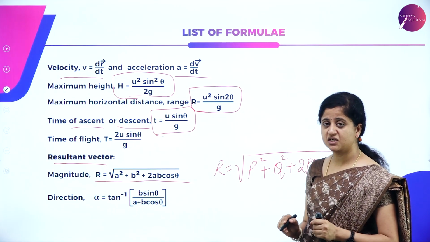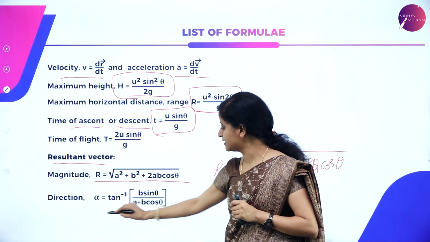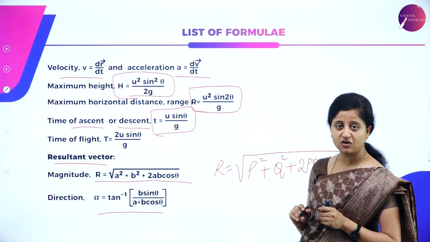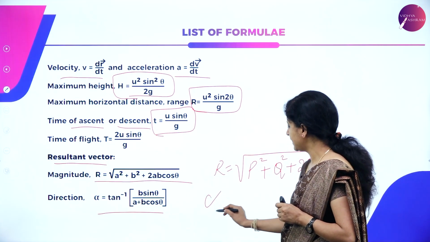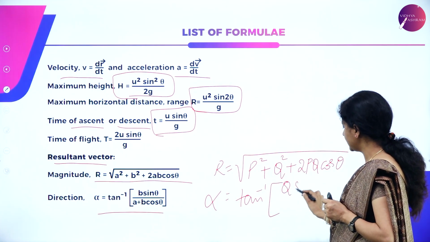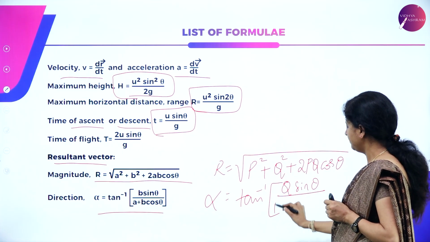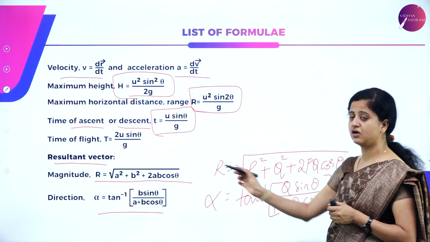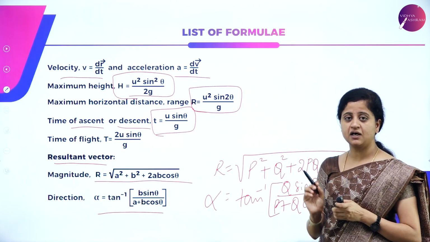Next we have an expression to define direction, that is alpha is equal to tan inverse of b sin theta divided by a plus b cos theta, or it can be written as alpha is equal to tan inverse of q sin theta divided by p plus q cos theta. Both are the same, so you can use either one. Only the terms are different.